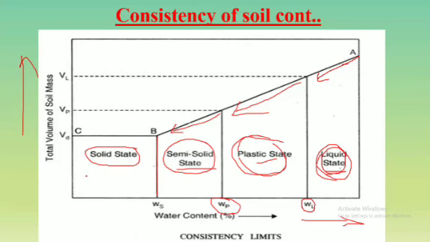That is, only soil particles are left. That water content is known as the shrinkage limit, that is WS. So these are the different consistency limits. There are three limits: liquid limit, plastic limit, and shrinkage limit.